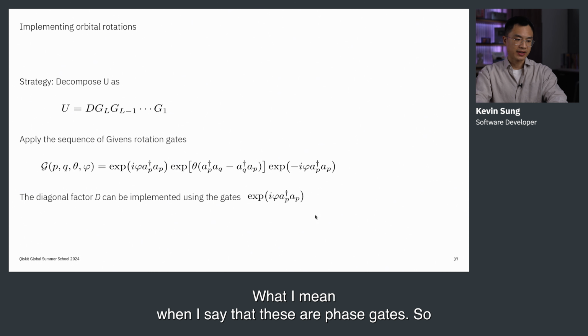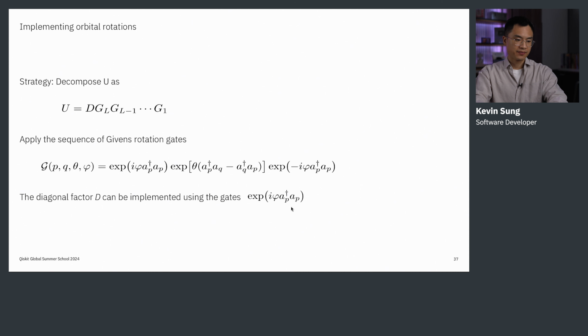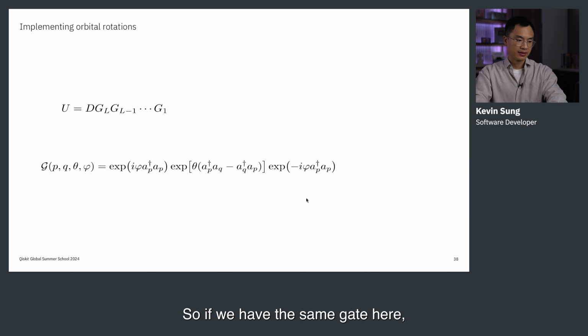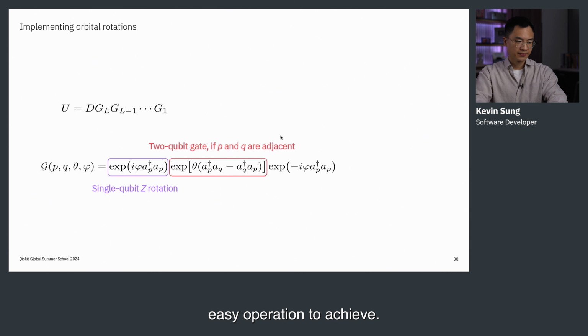What I mean when I say that these are phase gates, as we saw before, is that the occupation number operator on mode P maps onto, up to a shifting and scaling, a Pauli Z operator. So this is just a single qubit Z rotation on the qubits. We have the same gate here. This is just a single qubit Z rotation. It's a very easy operation to achieve.